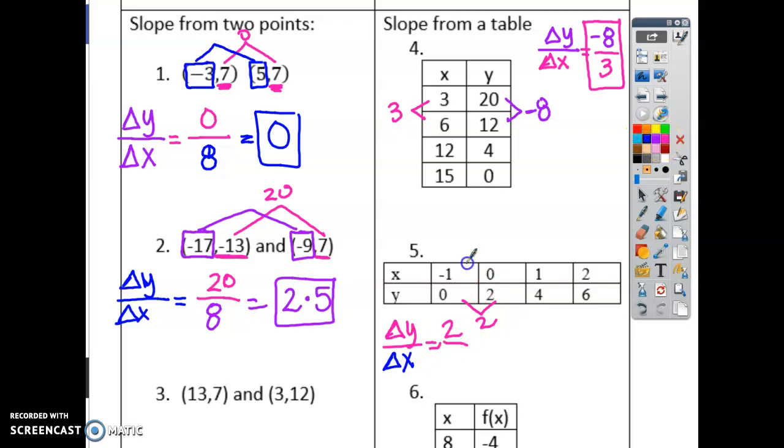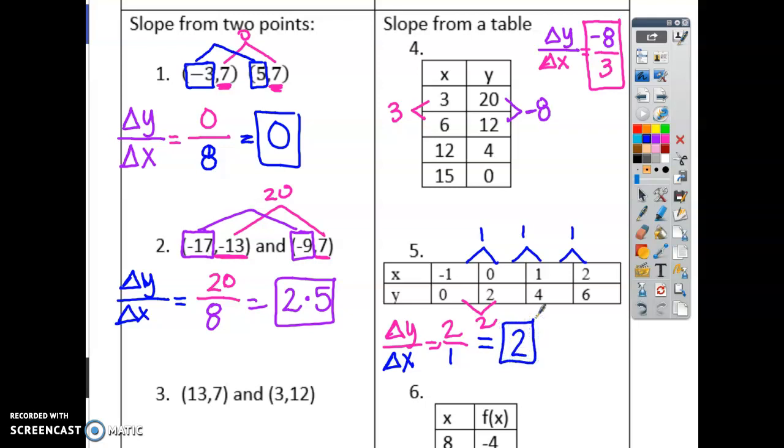What about my change of x? How much is it changing by? 1. From here to here, it went up 1. From here to here, it went up 1. It doesn't matter which one you pick. No importa cuál escoges. It's going to go up by 1. So what's 2 divided by 1? 2. The slope is 2.